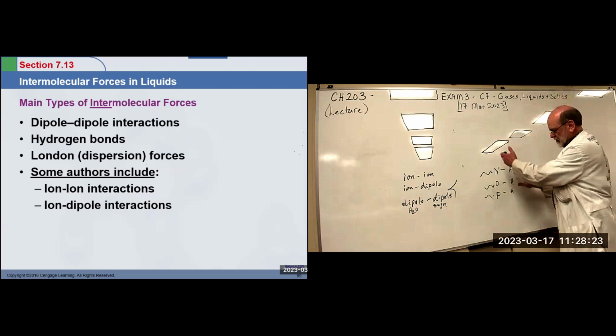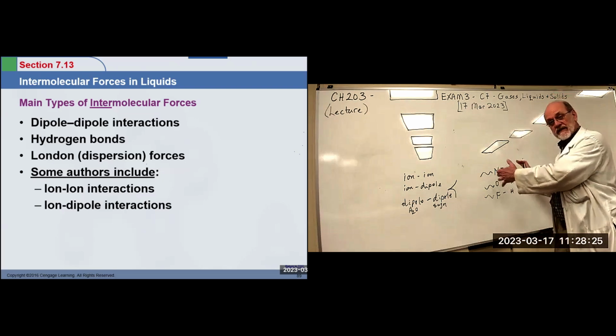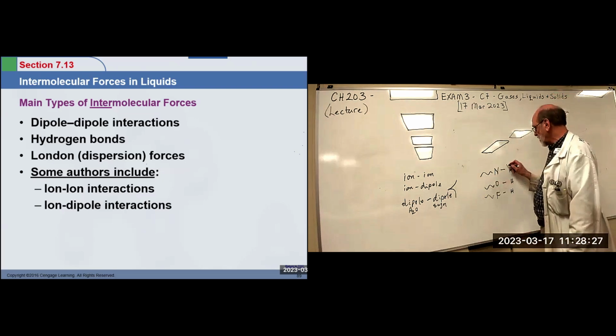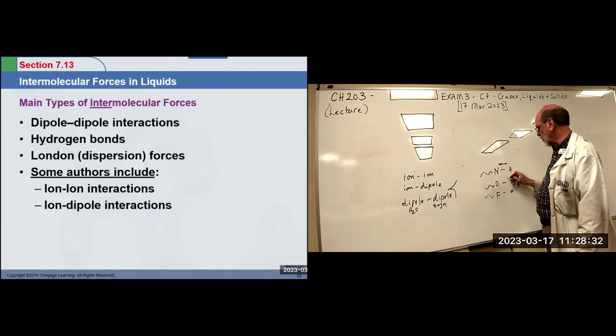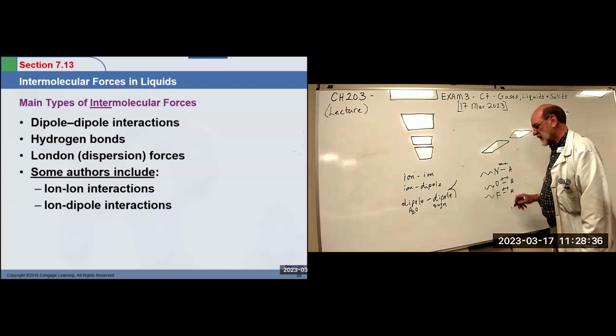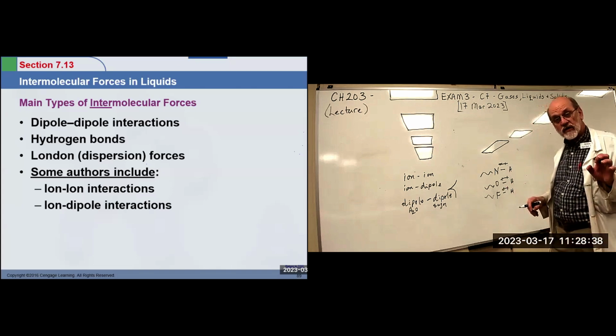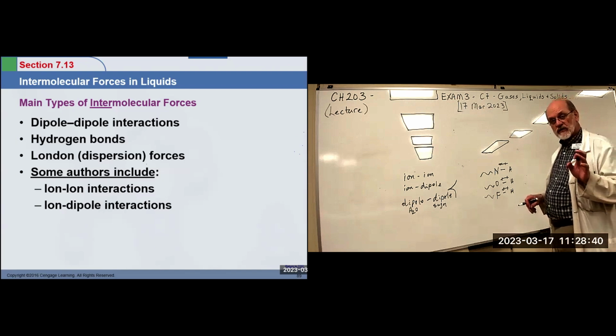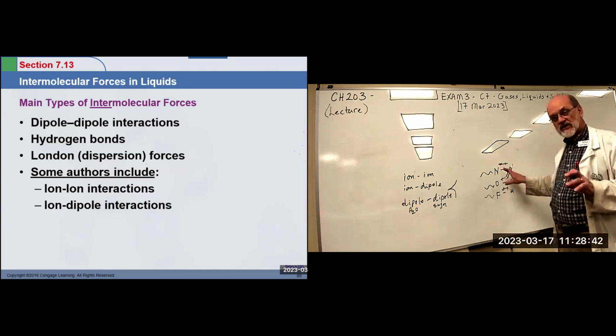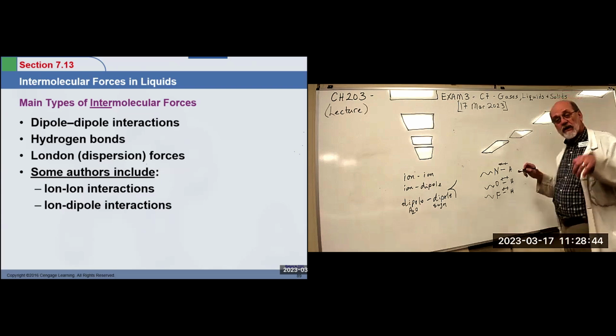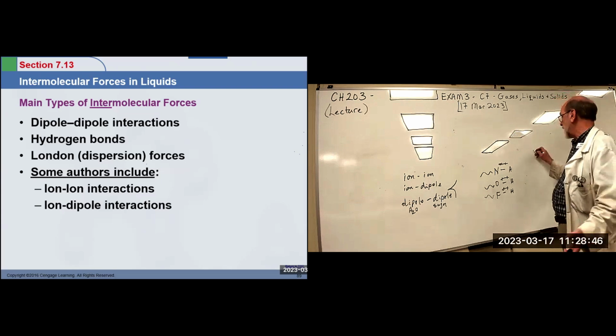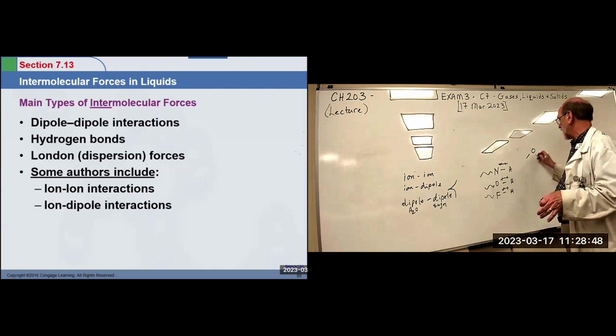But this is such a difference between electronegativities that you get a very strong attraction, a very strong dipole here. And the hydrogen bond then occurs between molecules that have this arrangement. So water molecules are a perfect example of a hydrogen bond.